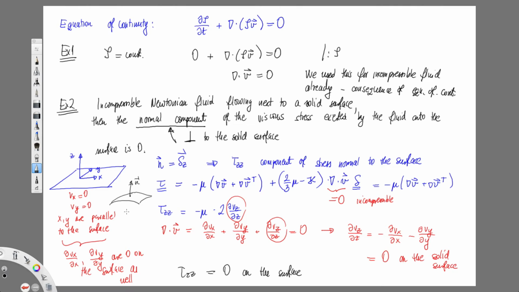So the claim is that tau NN, that's what I mean by normal to the surface. So don't immediately assume that your coordinate tau ZZ is 0. Okay, so that's it.